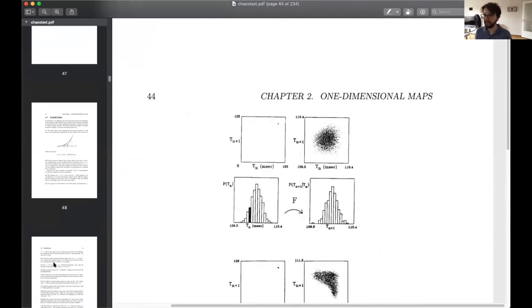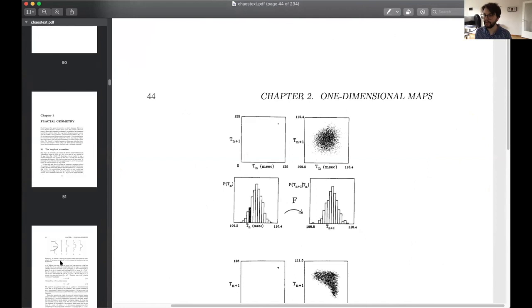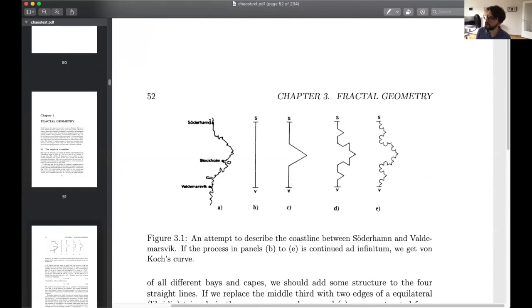And in the book, you can see, for example, the coastline between these two places, north and south of Stockholm in Sweden. And this is kind of a neat example because you see that the way that this looks like is really similar to this very famous fractal, which is called the Koch curve.